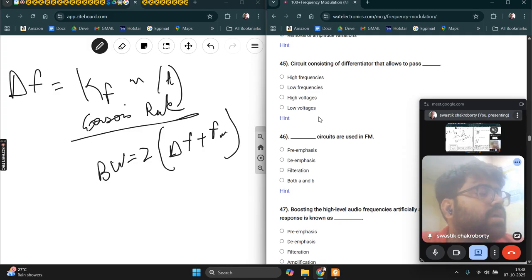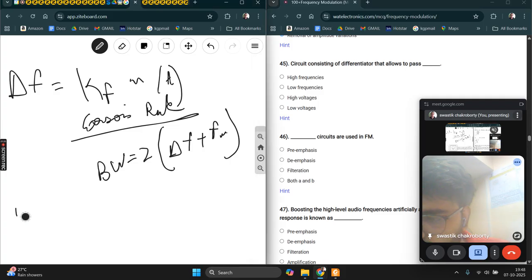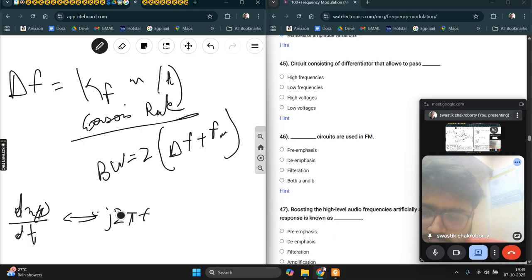Okay, now a differentiator in time is a high pass filter in frequency, because if you do a differentiation in time, it is equivalent to multiplication by frequency in the frequency domain. So dx(t)/dt, the Fourier transform, is j2πf X(f).